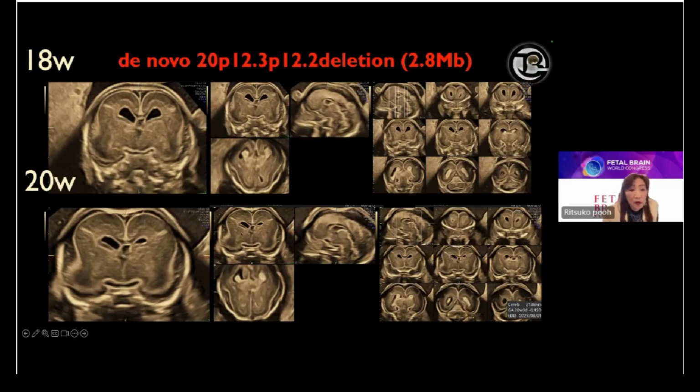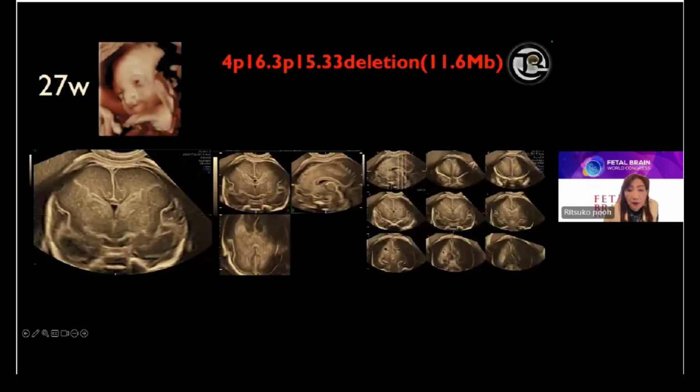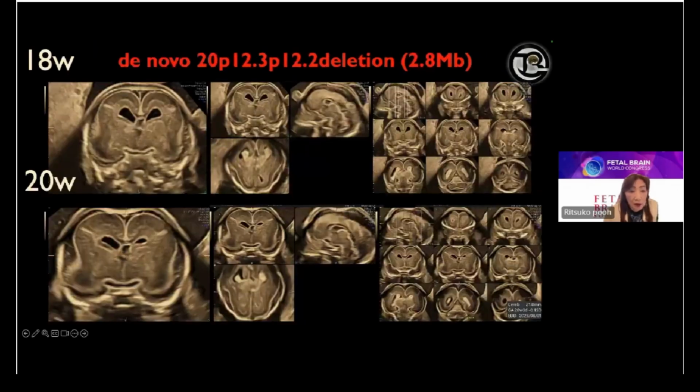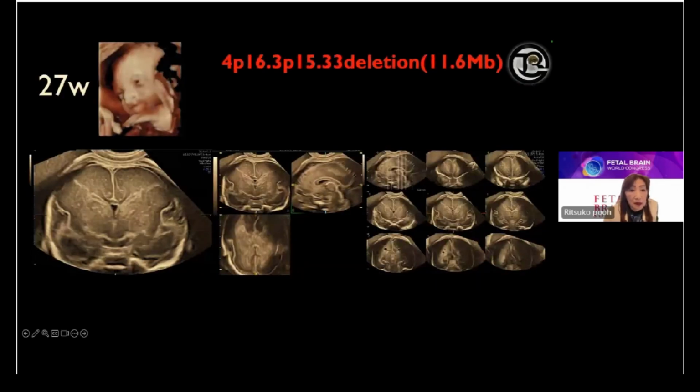And also, you can see the very abnormal structure, with abnormal findings of the Sylvian fissure, and also an asymmetrical structure. And here is another case, the 4p minus case.